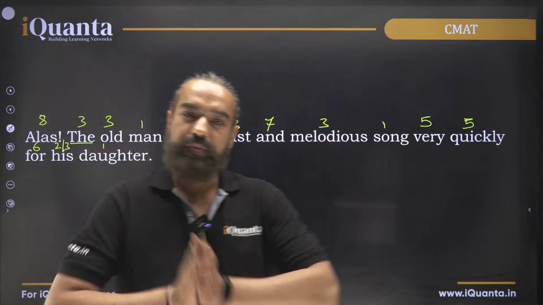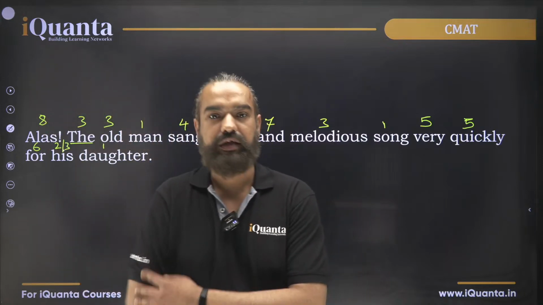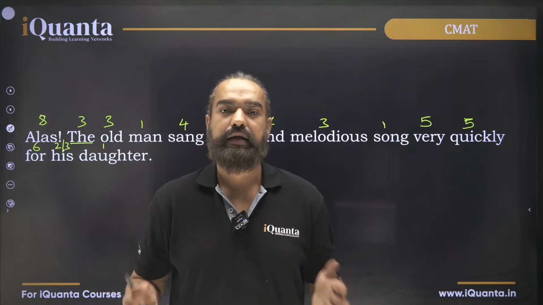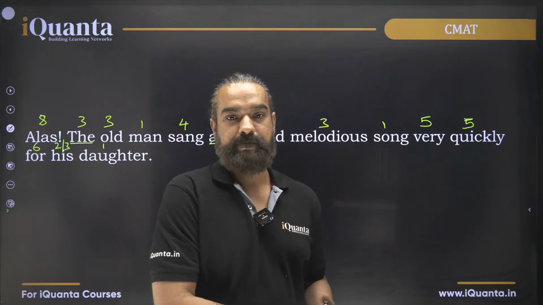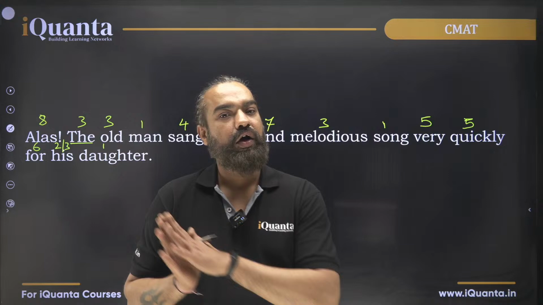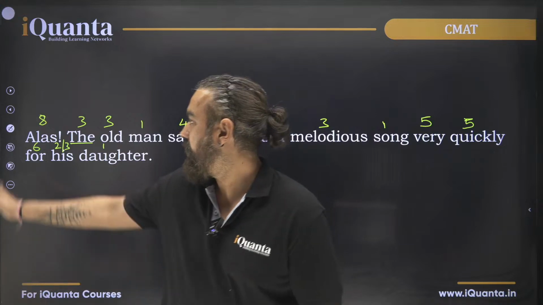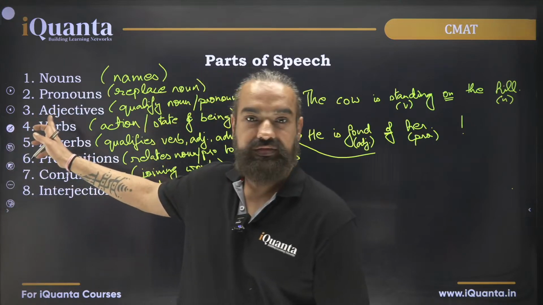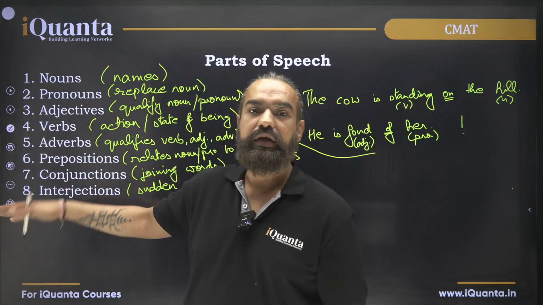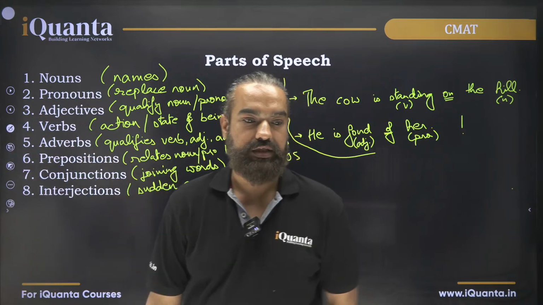So guys, for all practical purposes, wherever you see an article being used, you will always see it being followed by a noun. So for all practical purposes, all articles are adjectives. That's why we do not count them as an extra part of speech.